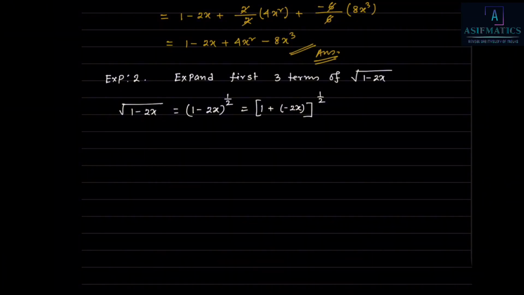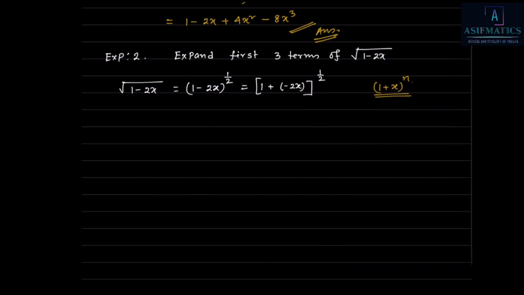Because what is the formula? I mean, our binomial expansion series format is 1 plus x to the power n. Okay, so every time we will write whatever we have in this format. The first one is 1, then we put plus, and everything of x we will write it in the position of x.